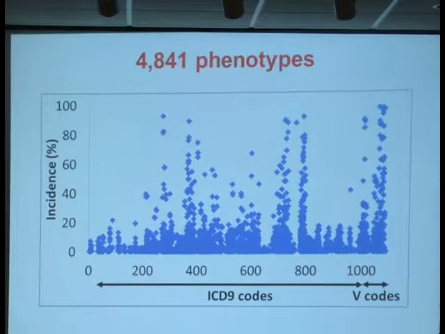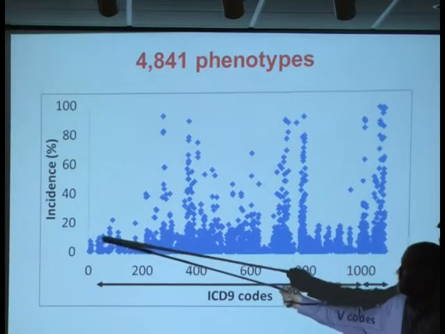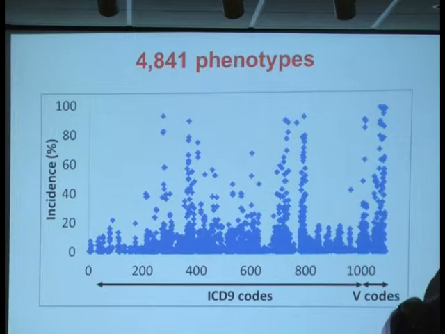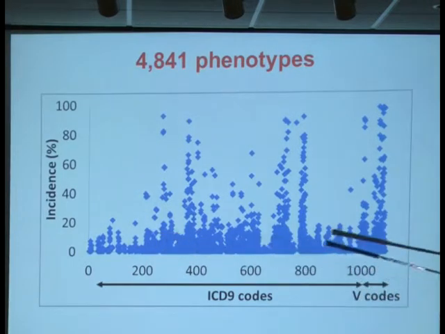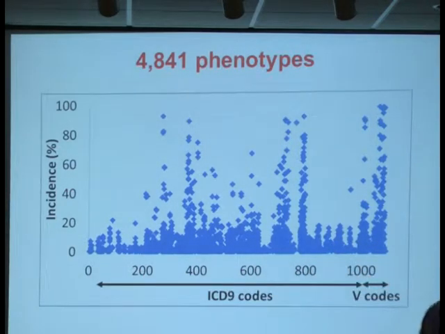So you go to the doctor and you get your blood pressure measured, you'll probably get a code for that. Most people will have that. Whereas other codes can be more rare, maybe rheumatoid arthritis or multiple sclerosis. And now I hope you can start to appreciate each one of these data points represents a case group and a control group within the same population. And again, this is what's now defining the phenome.